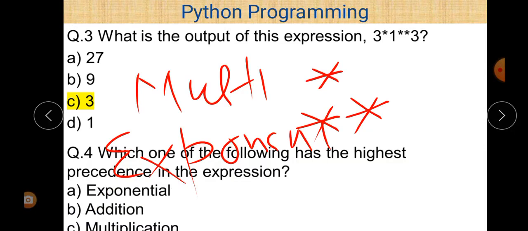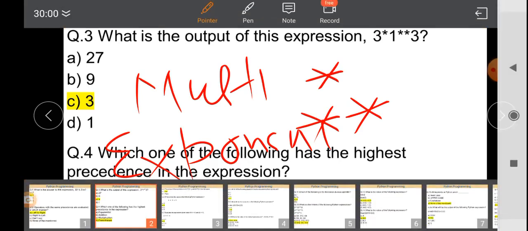It means the exponent operator always has higher precedence as compared to star. So first the exponent will be evaluated, and after that star, or multiplication, will be evaluated. First we have to calculate 1 power 3 because 1 double star 3 is there, and 1 power 3 is 1. Then 3 star 1 means 3 multiplied by 1. When we multiply 3 by 1, our answer will be 3. So 3 is the correct answer.